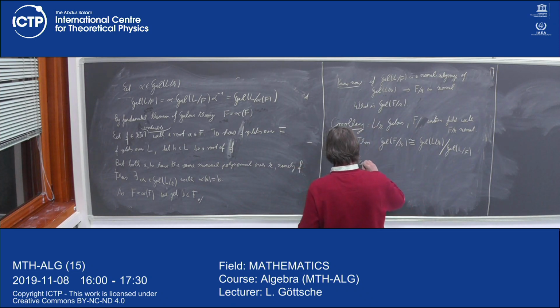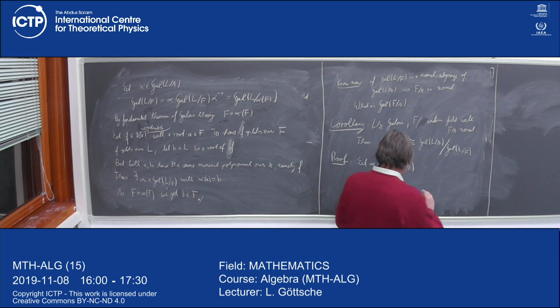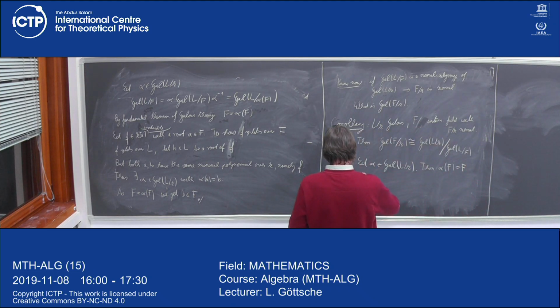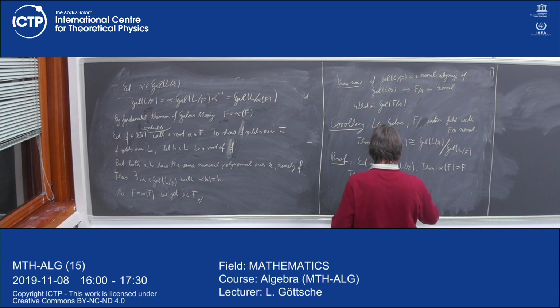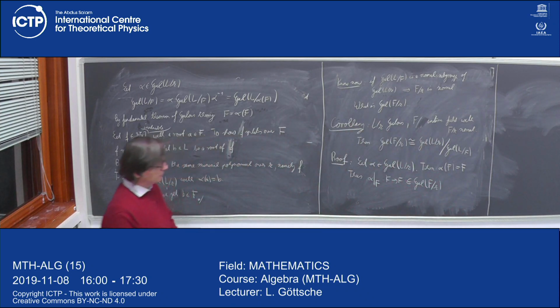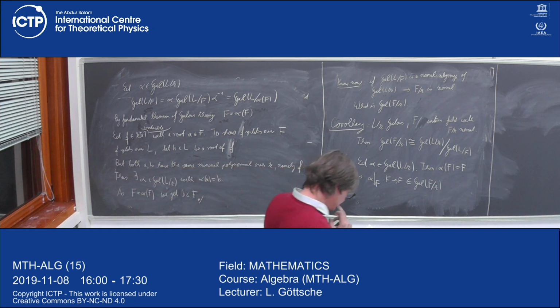So let alpha be an element in the Galois group of L over K. Then, as I said, alpha of F is equal to F. Thus, if I take alpha restricted to F, from F to F, this is an element in the Galois group of F over K, because it's an automorphism of F, and still the identity on K.